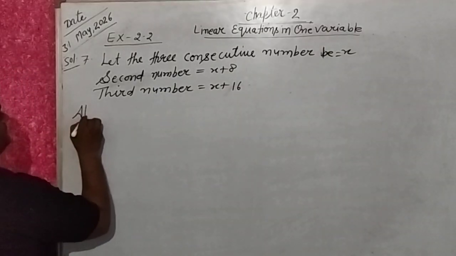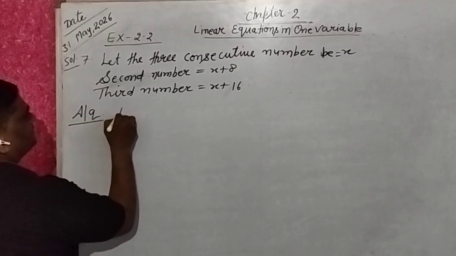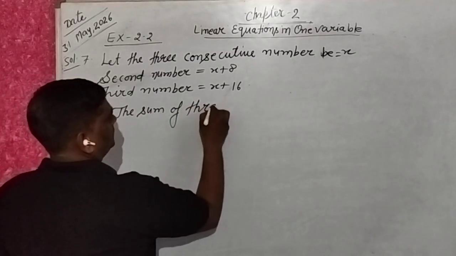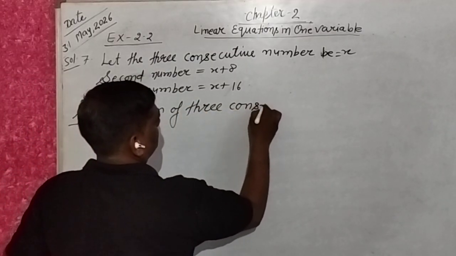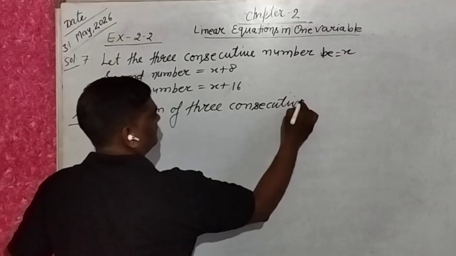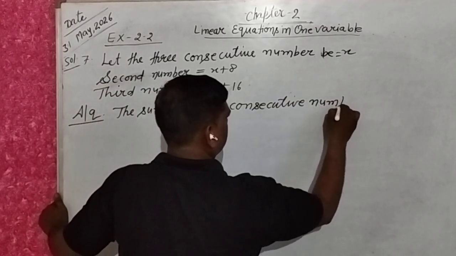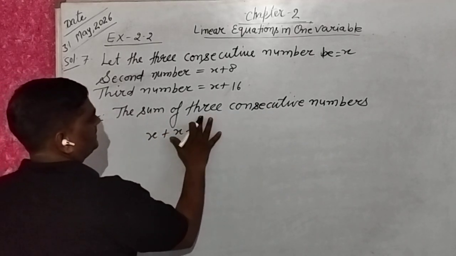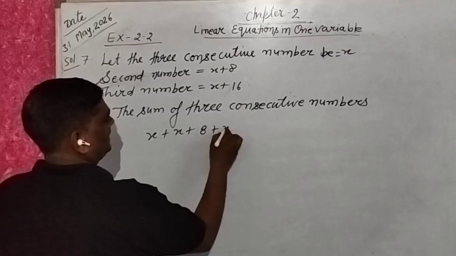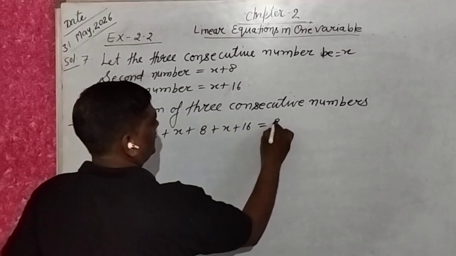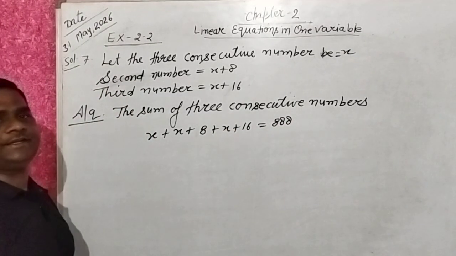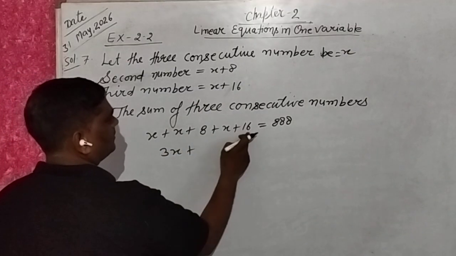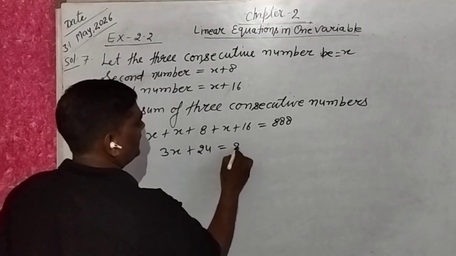According to the question, the sum of the three numbers, x plus x plus 8 plus x plus 16, is equal to 888. So 3x plus 24 is equal to 888.